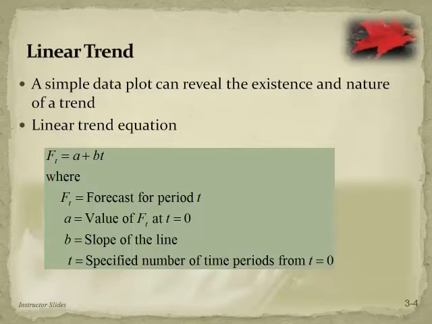So the formula for a straight line is shown in this slide. The formula of a straight line is equal to A plus BT, where A is the point where the line hits the y-axis and B is the slope of the line. Remember, slope is defined to be rise over run.